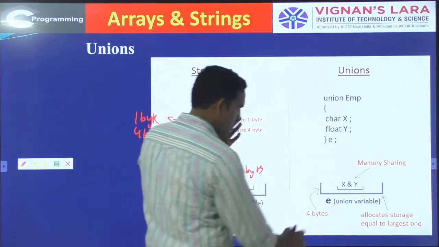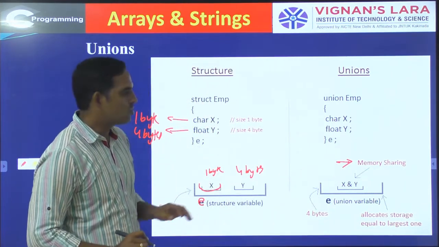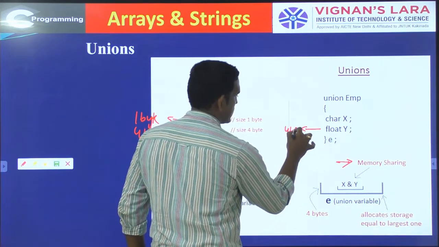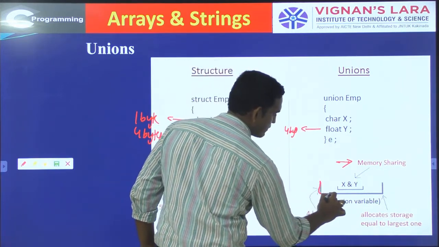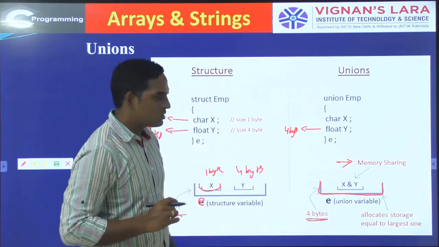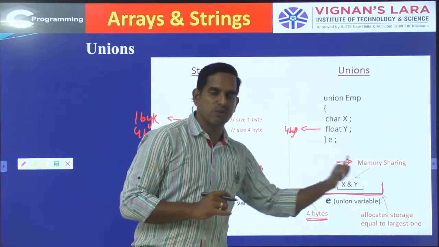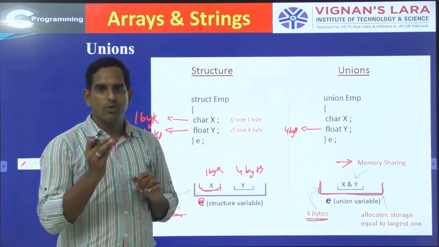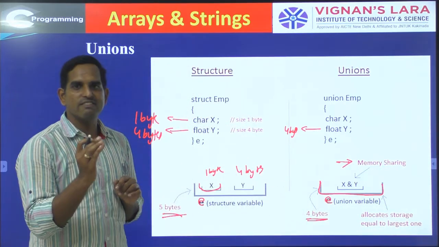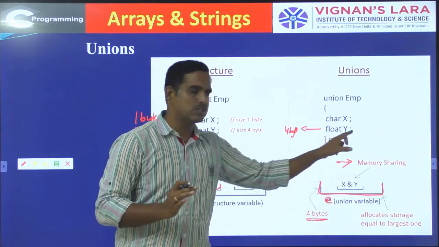As I told you, when you go for your union, it is about memory sharing. So what is the largest memory you are having? This is 4 bytes. So the largest memory will be created for your union, so only 4 bytes will be created. So at a time, either x or y can be present in this memory location. When I create a variable E, that is the union variable, the union variable will have only the 4 bytes of memory, which is equal to the largest member.